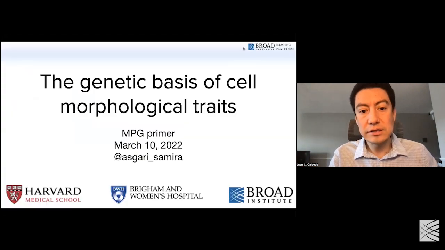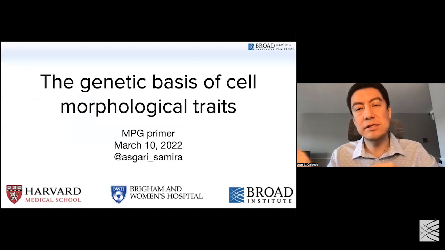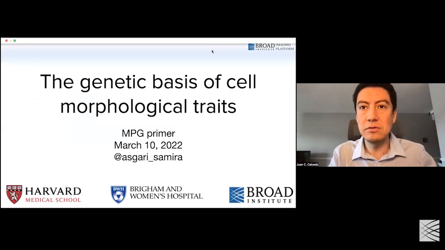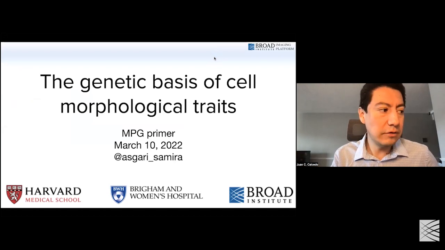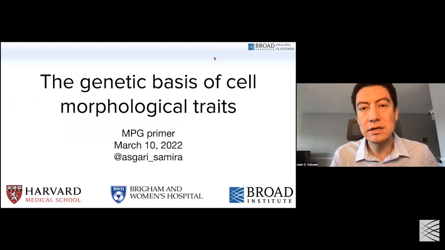There are differences. Sometimes the type of features that you use allow you to see certain differences, and in some cases you don't see the differences. So the quality of the features matters, and we are investigating how to optimize the type of information that you can extract from the images.